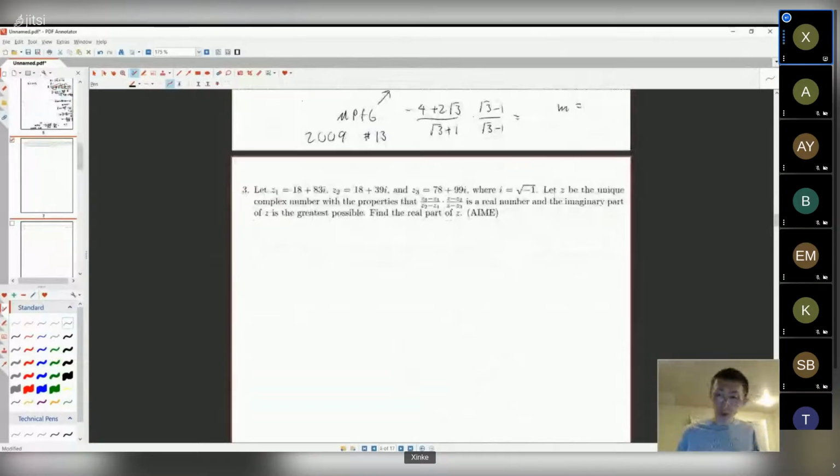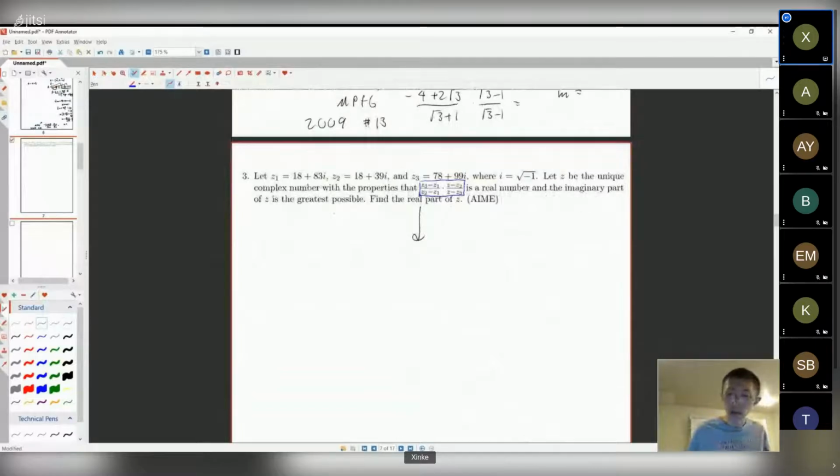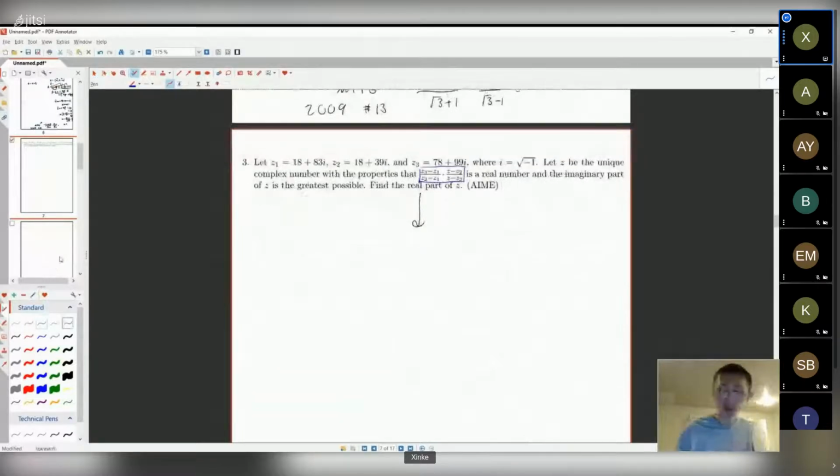So if we look at this AMC problem, the main thing I wanted to talk about here, we don't have to compute the answer, is this condition, which looks a little arbitrary. Basically, this is just saying it's cyclic.